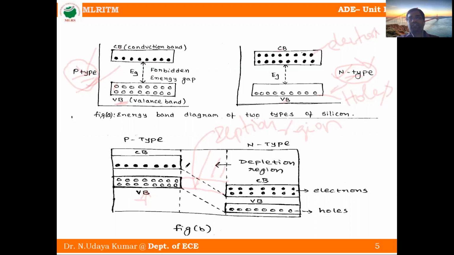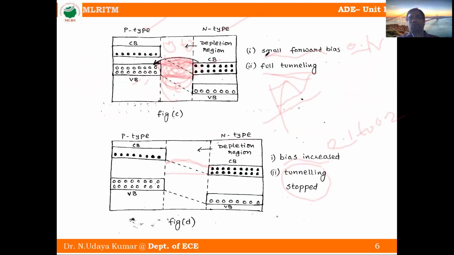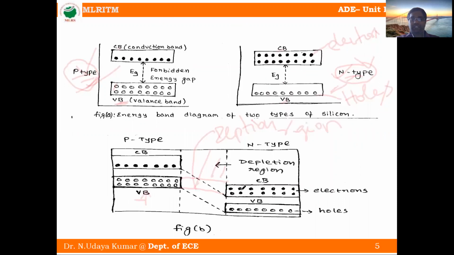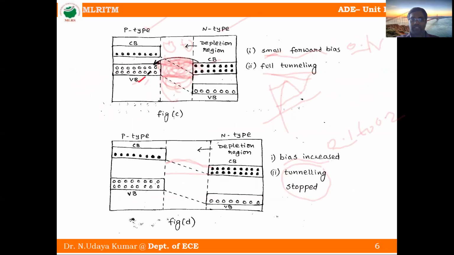Whenever we give a small voltage like 0.1 volt, the conduction band moves up to here, so now the conduction band and valence band are at the same levels.